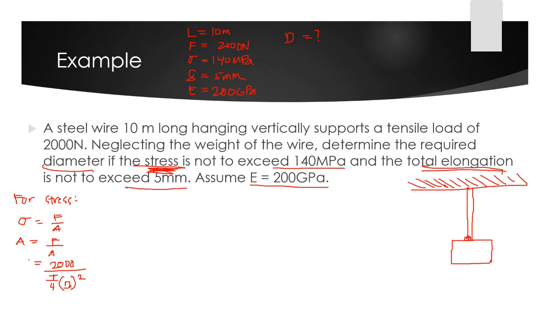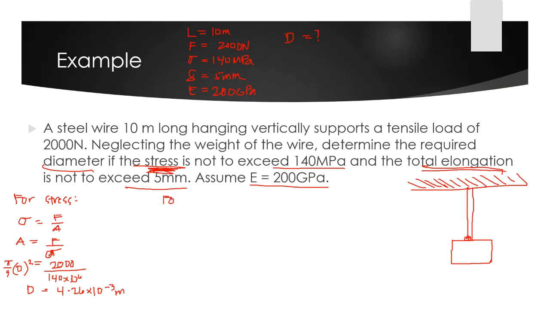Stress, I'm sorry, this should be stress, right? Let's just erase this one. It should be 140 times 10 raised to 6, and this should be pi over 4 d squared. So d here is basically equivalent to 4.26 times 10 raised to negative 3 m. That is the diameter for the stress.